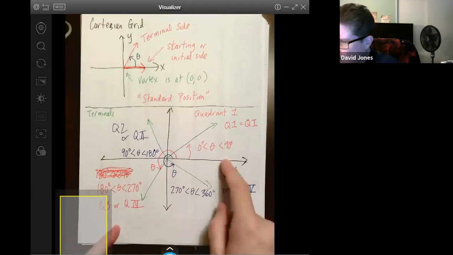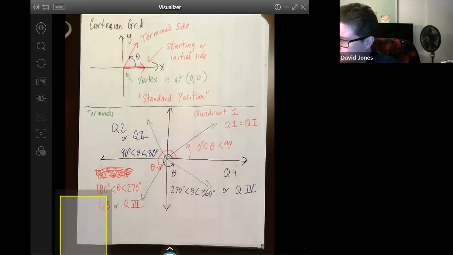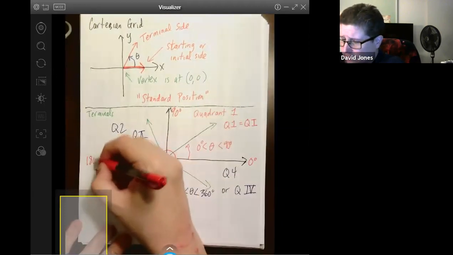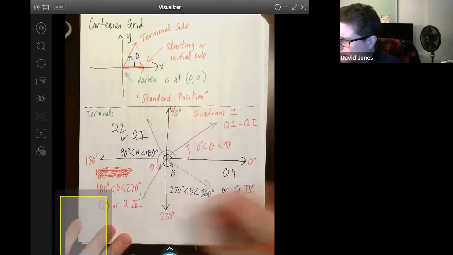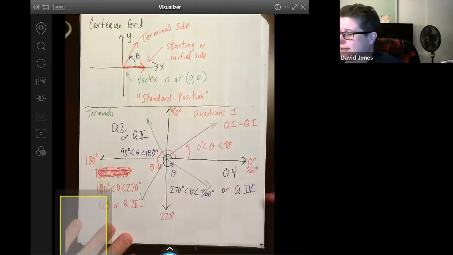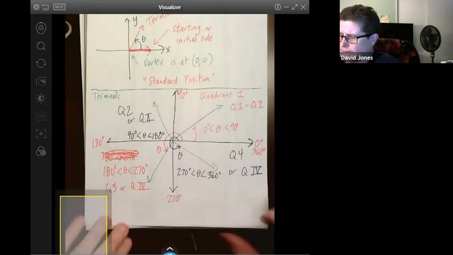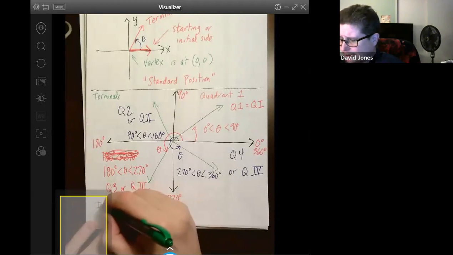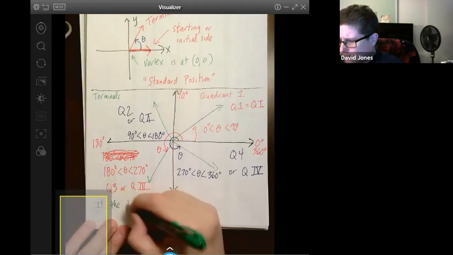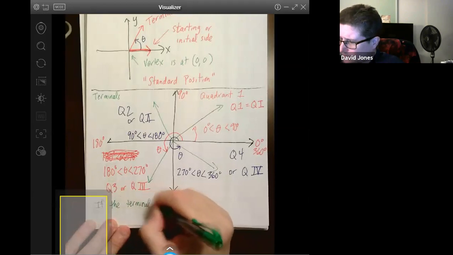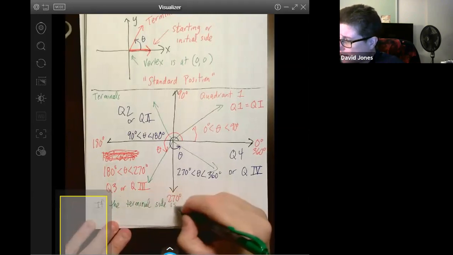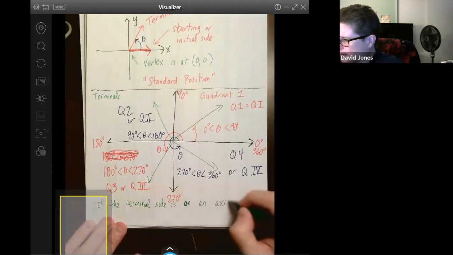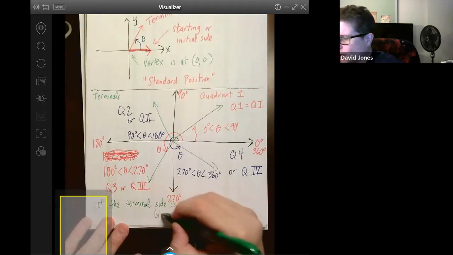What about 0, 90, on the actual axes? 0 degrees is also 360 degrees. If the terminal side ends on an axis, we call these quadrantal angles.